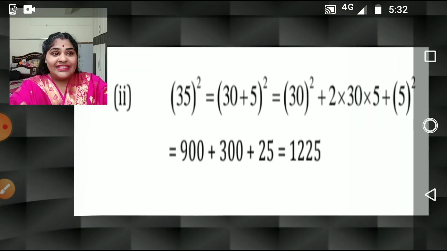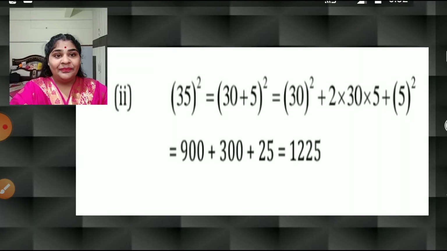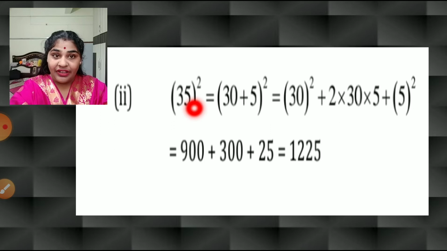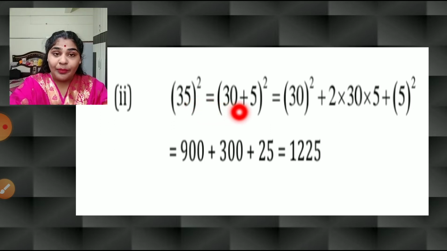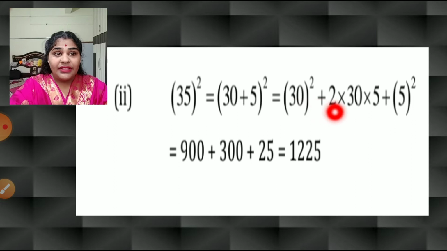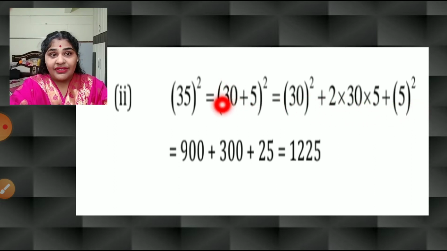Let us see one more. This is the second one. 35 square is given, children. What we can write is 30 plus 5. For 35, we will write (30 plus 5) whole square, which is nothing but a square plus 2ab plus b square. Here a value is 30, b value is 5.